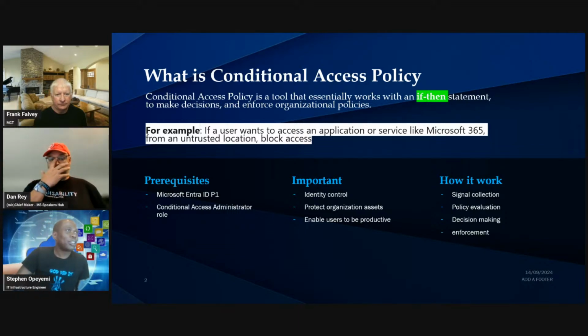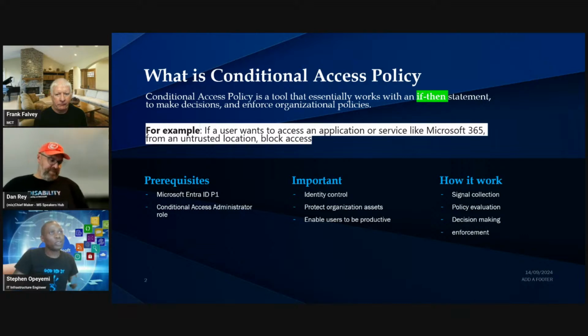A conditional access policy is a tool that works within an if-then statement, which means that when you place a condition and say, if this XYZ does not meet, then what should happen?